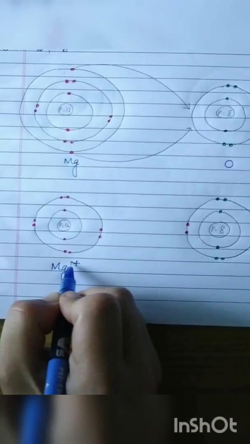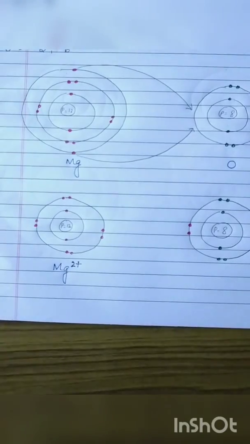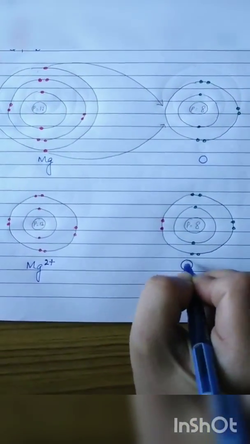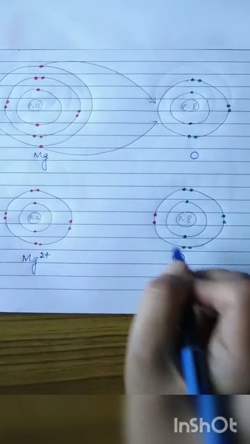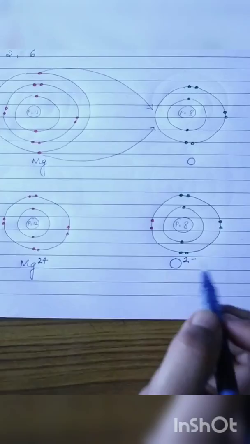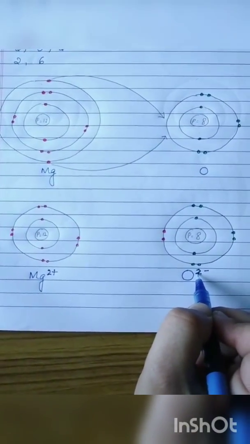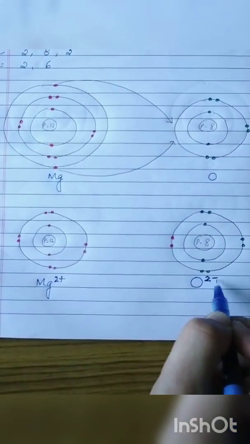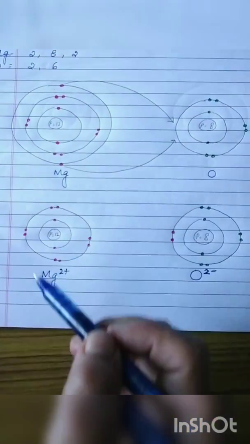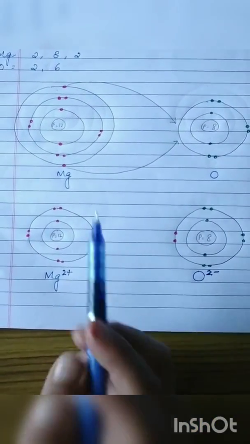So it will form 2 positive charges. And oxygen, since it has received 2 electrons, will be negatively charged. And how many negative charges are there? 2 negative charges. So an atom has formed an ion.